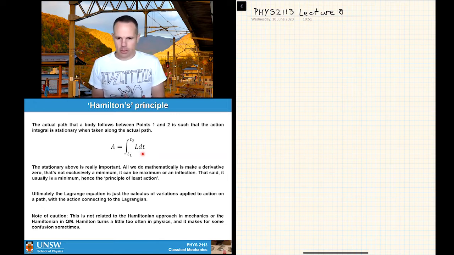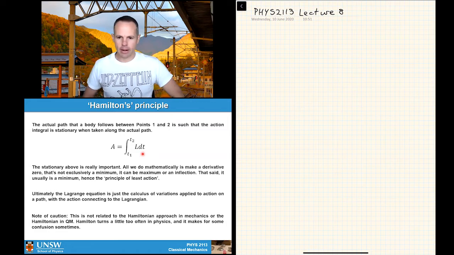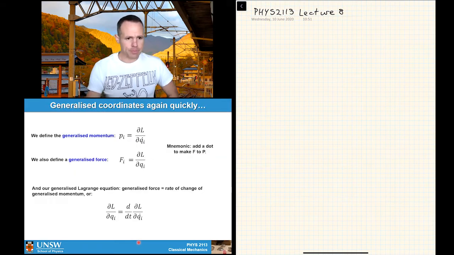It just happens that Hamilton turns up a little too often in physics, and it makes for some confusion sometimes. You'll come across what we call the Hamiltonian a couple of lectures from now. It will just pop out of the maths, but it's not connected to this particular place. It's just that Hamilton had another contribution here that got this principle named after him.